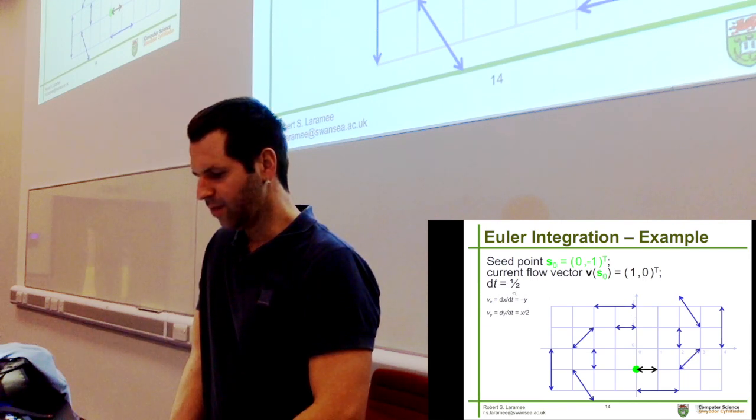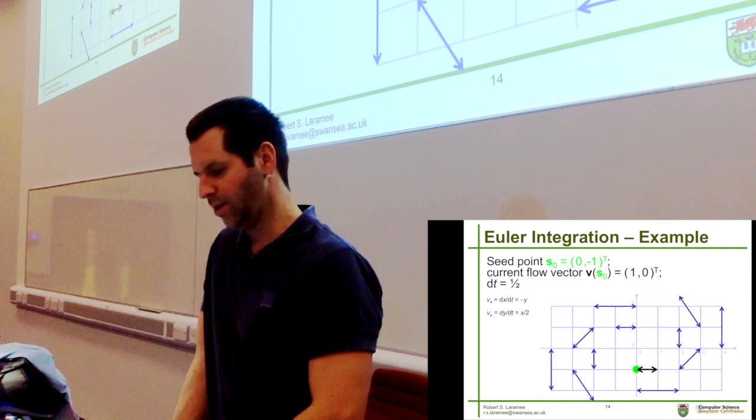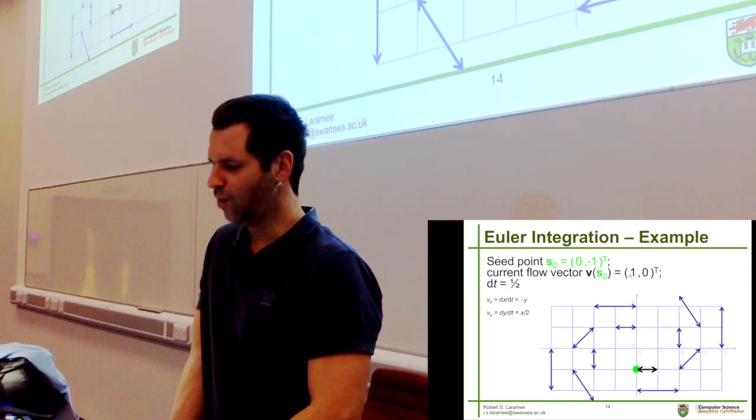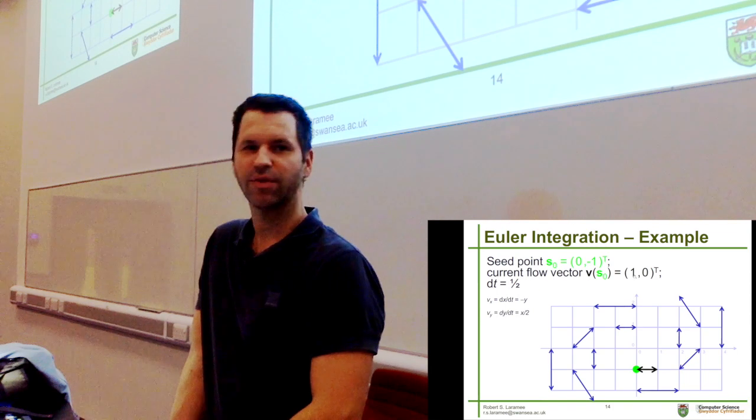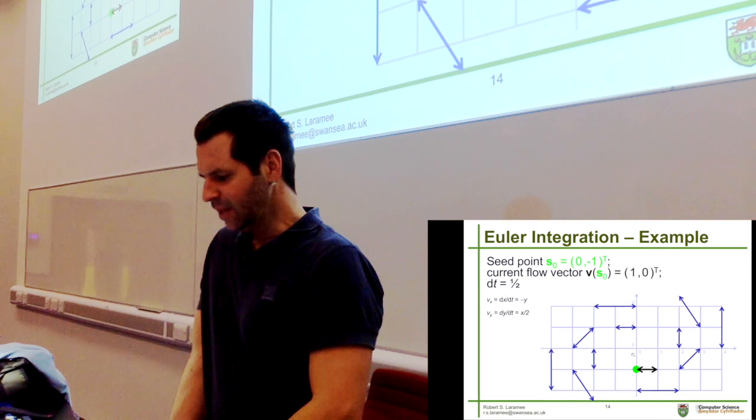I've added the formula here again. So for Vx it's -1 times y. Here y is -1, so -1 times -1 is 1. And that's where this x component of the velocity comes from, the 1. And then the y component of the velocity is x over 2.